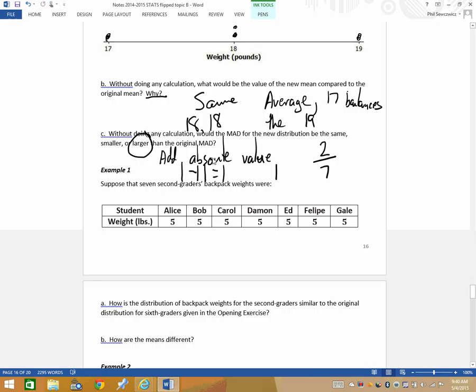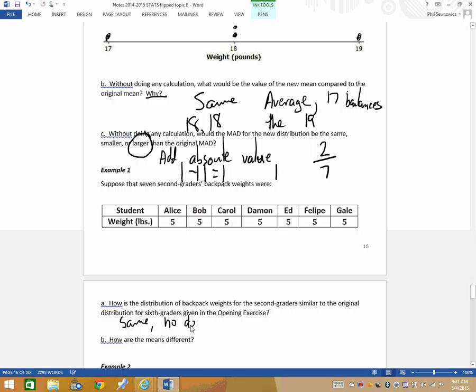Well, hopefully we should notice, and we just don't want to go, they're all the same. Okay, but again, how is the distribution similar? How about this?